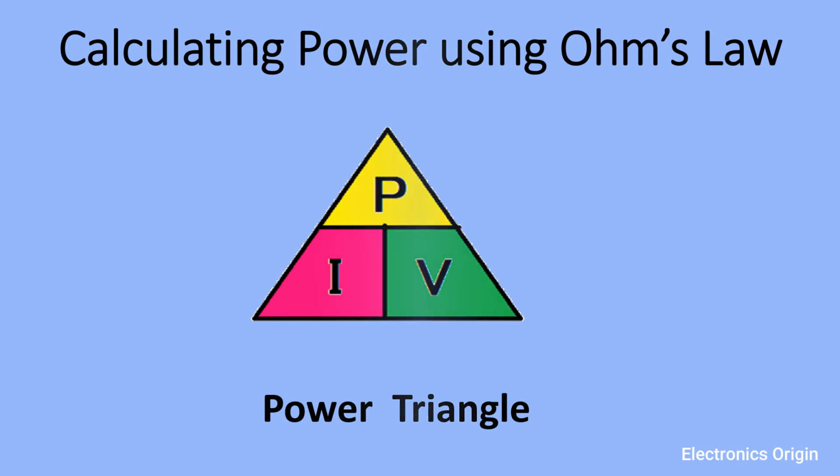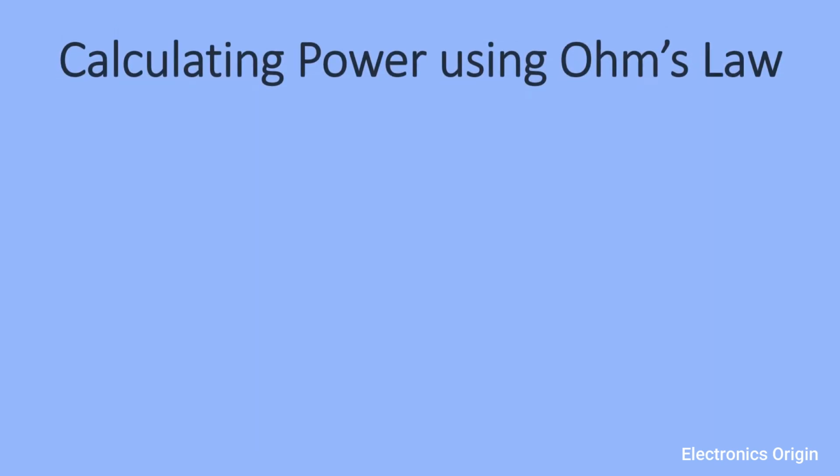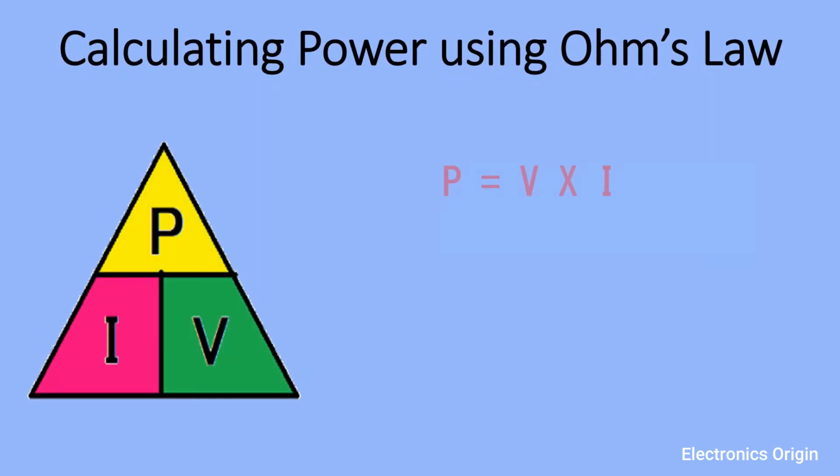When the values of current and voltage are given, the formula for finding power is P equals V into I. When the values of power and voltage are given, the formula for finding current is I equals P by V. When the values of power and current are given, the formula for finding voltage is V equals P by I.